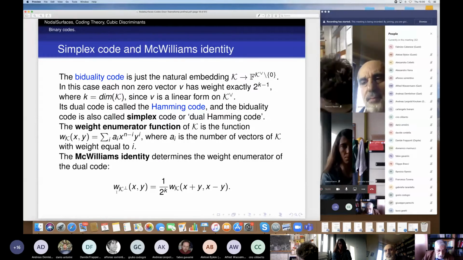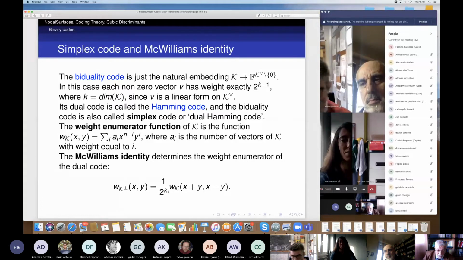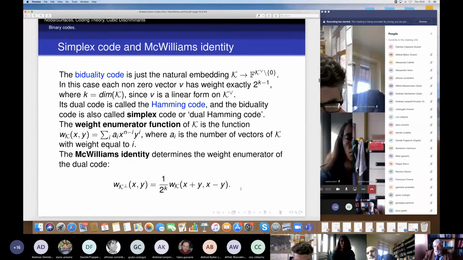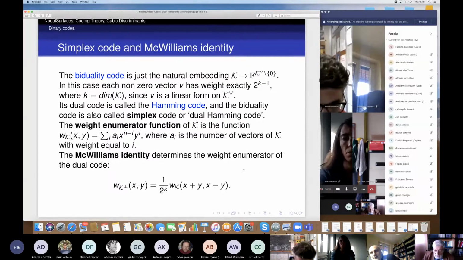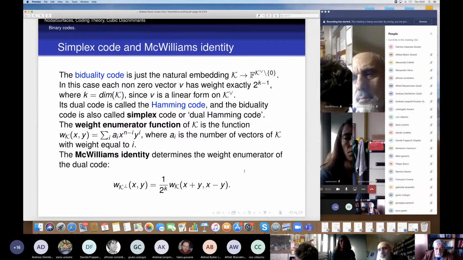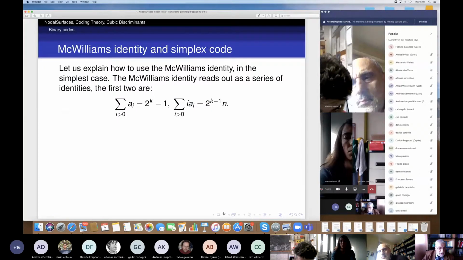The weight enumerator of the dual code is 1 over 2 to the k, where k is the dimension of the original code, times the weight enumerator evaluated at x plus y, x minus y. So this is a very compact presentation of this identity, but of course you can equate all the coefficients.